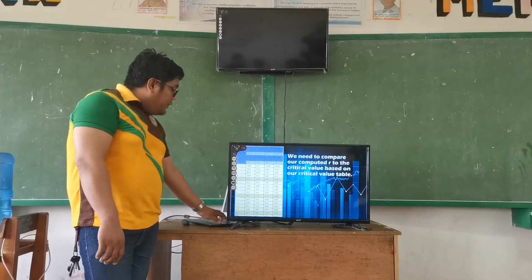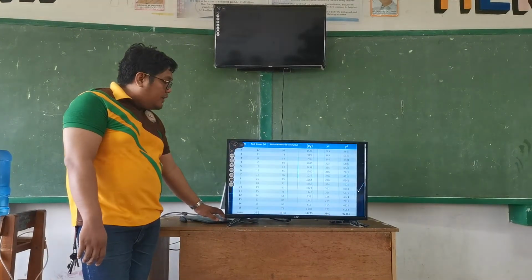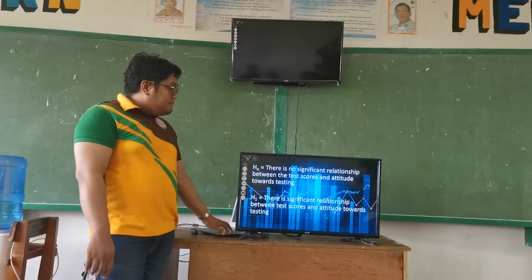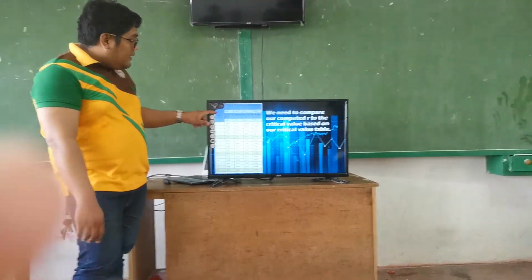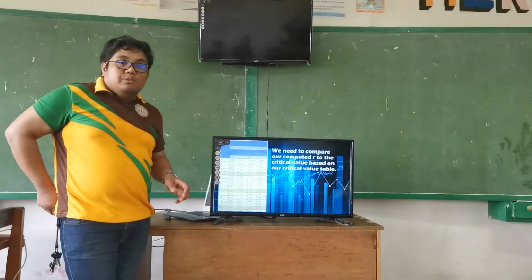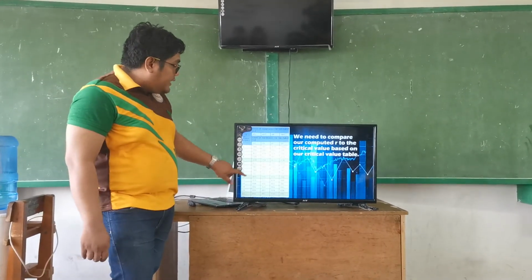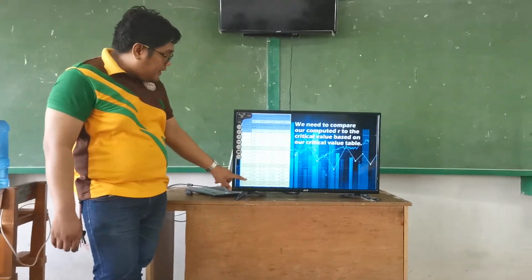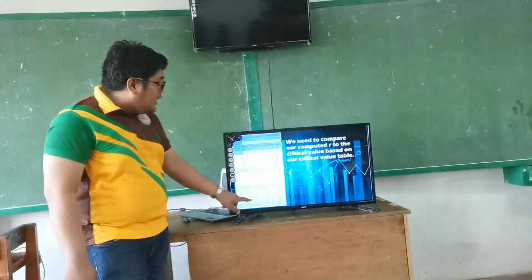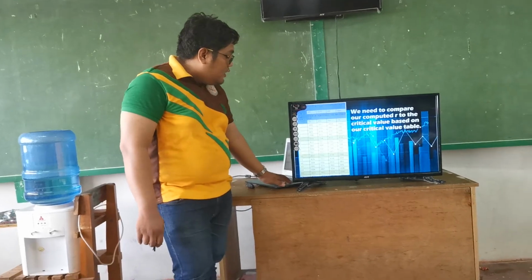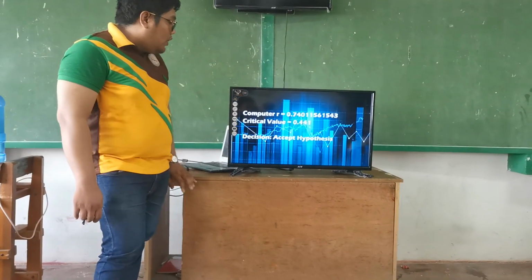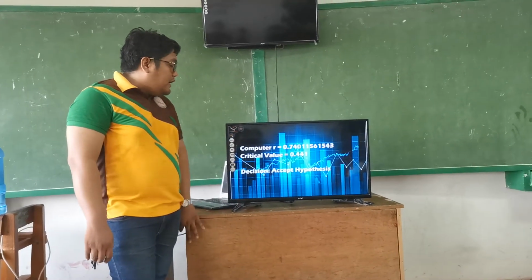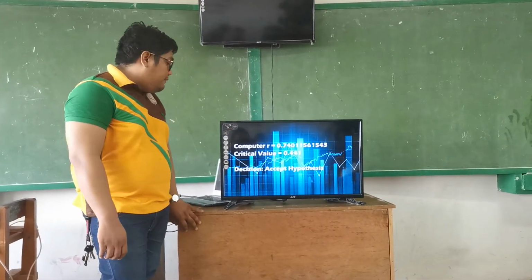So let us review how many test scores we have. We have 15 test scores, so 15 minus 2, the degree of freedom would be 13. So at 13 and at the 0.05 level of significance, or 5% significance, the critical value would be 0.441. So the computed r is 0.74, and the critical value is 0.484.